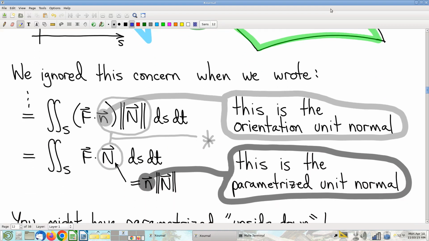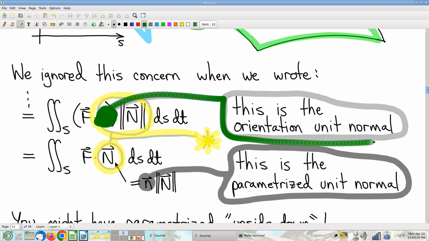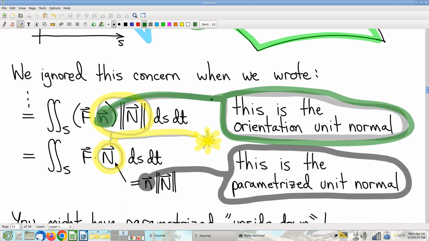So this was the math crime I committed a little ways back. You may recall, I pointed out this asterisk, and I confessed there's an issue here that I'm failing to address. The problem was that the normal vector that I had at that stage of the calculation was the orientation unit normal, the orientation that came in the statement of the question.